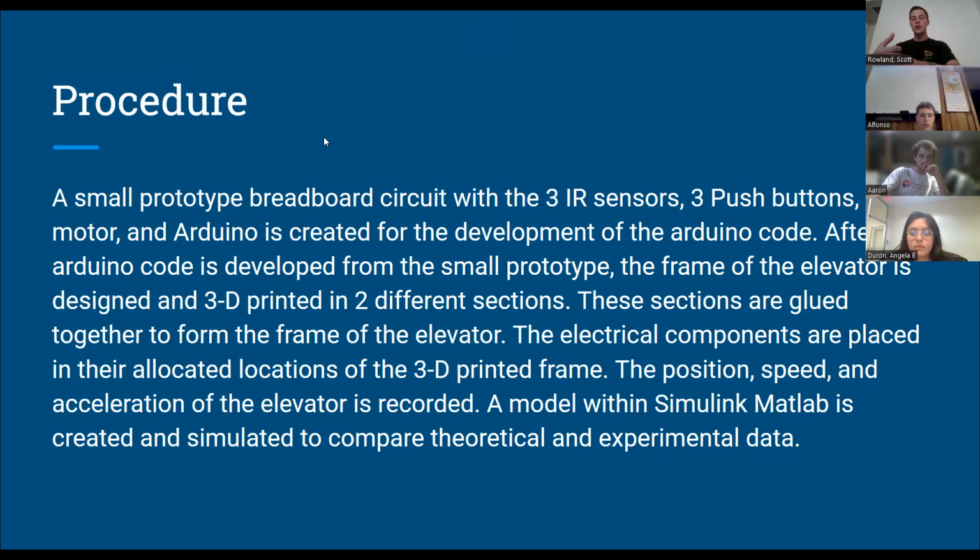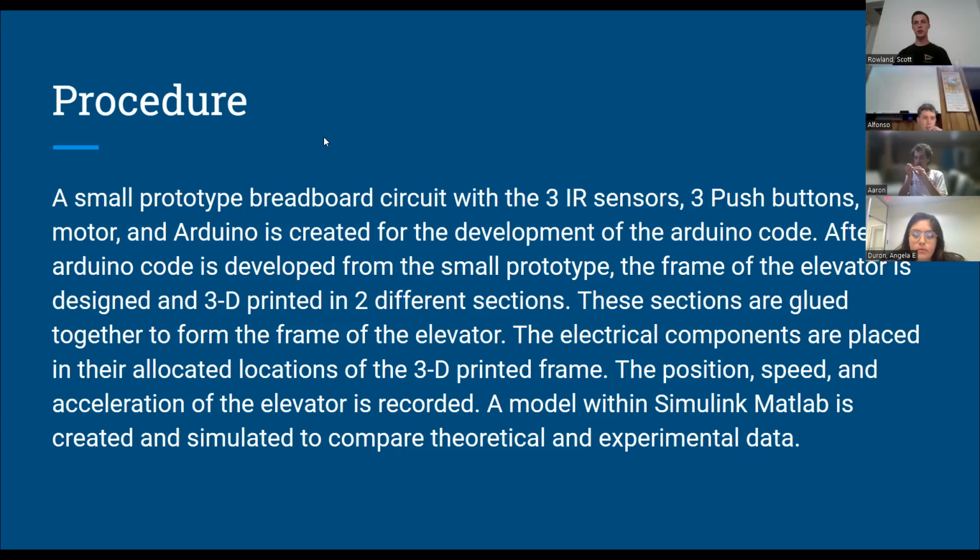The procedure section of this presentation primarily centers around the integration of all these separate components, as well as the construction of each individual component. So for the final assembly, we integrated the Arduino code, which controlled the logic for the Relevator, and the Arduino received inputs from the IR sensors and the push buttons, as previously mentioned.